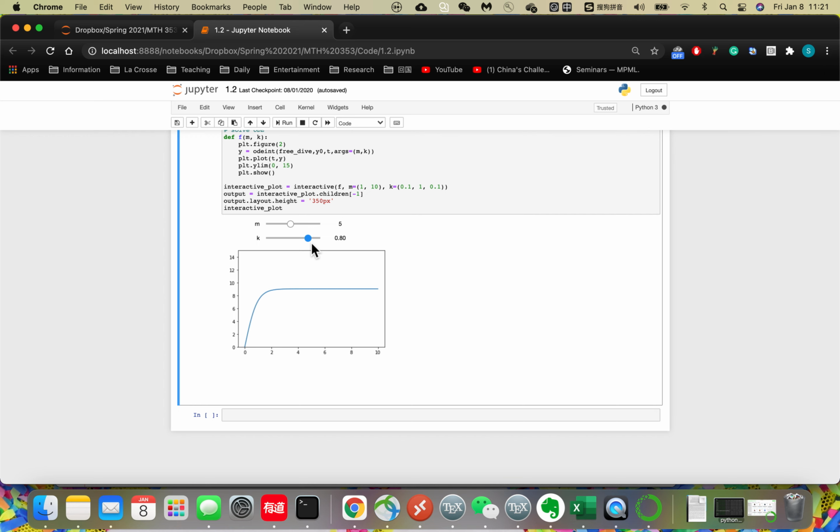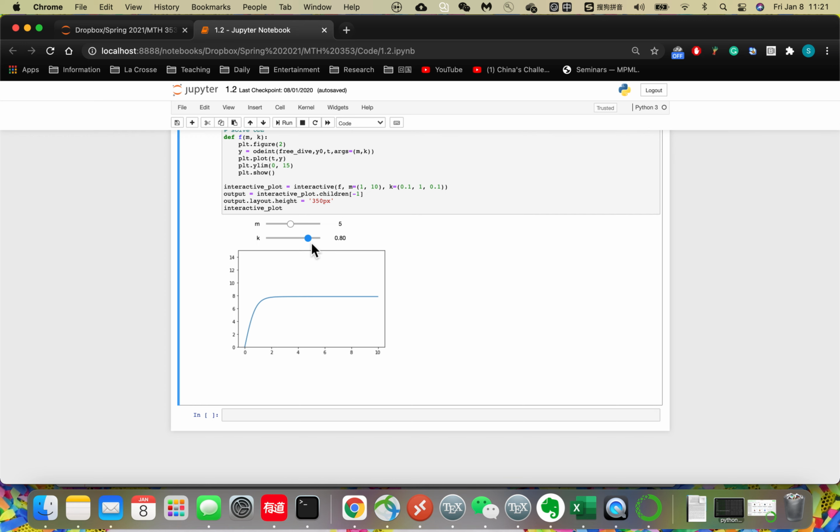Increasing K is going to greatly reduce the final speed at which you hit the ground. If you make it too big, it's going to be boring for you to do the skydiving, because you're just going to go down at a very slow speed, which is not exciting. So designing a parachute in general is just trying to adjust for different people with different weights. How should I manipulate the K so that the whole thing stays exciting, meanwhile safe?